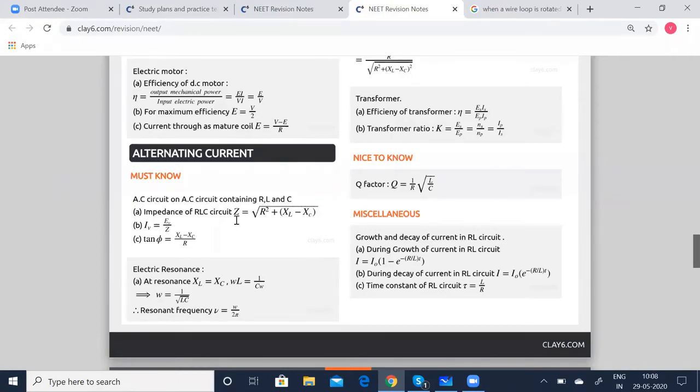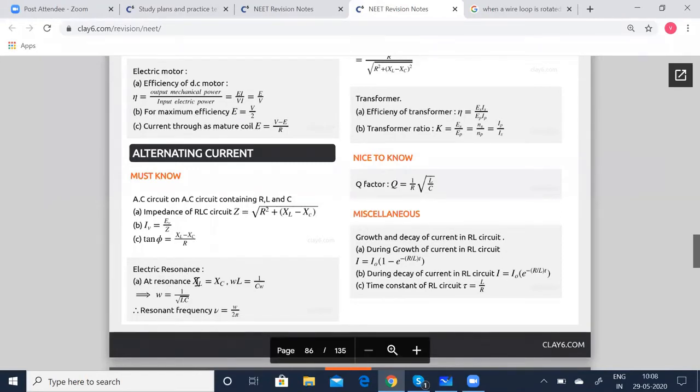Impedance of the RLC circuit, Z is equal to root of R squared plus XL minus XC the whole squared, and I_V is equal to E_V by Z, where I stands for the current, E is the EMF and Z is the impedance. Tan phi is equal to XL minus XC by R. Here XL is called the inductive reactance and XC is called the capacitive reactance.